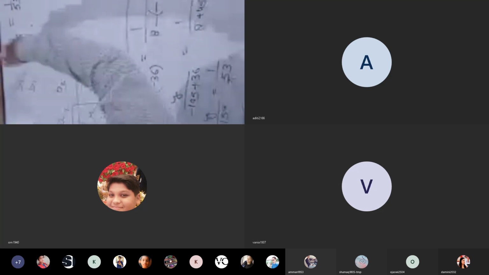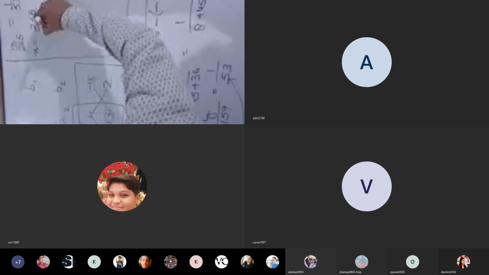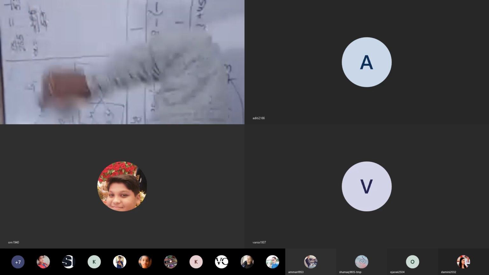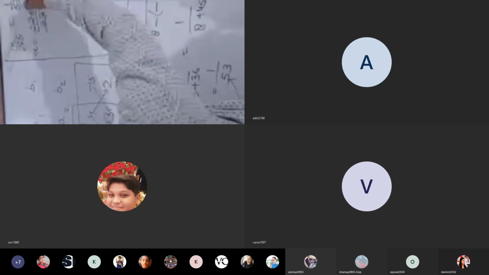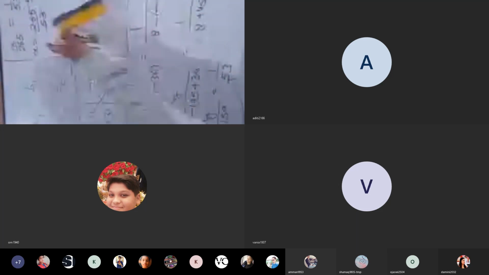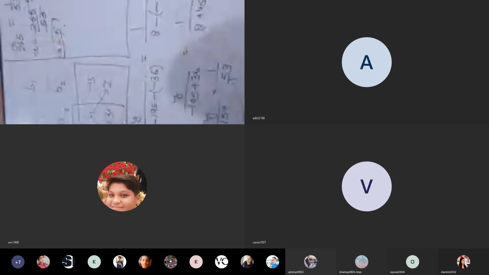This 265 will come on the right hand side, so x is equal to 265 upon 53. These two will get cancelled with the table of 5. 53 times 5 is 265. So for x, the answer we got is 5.